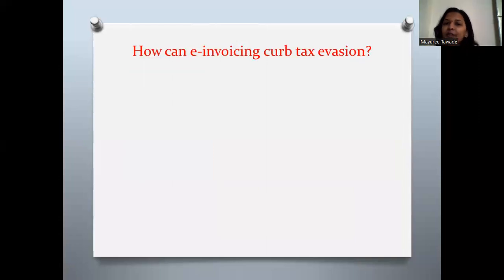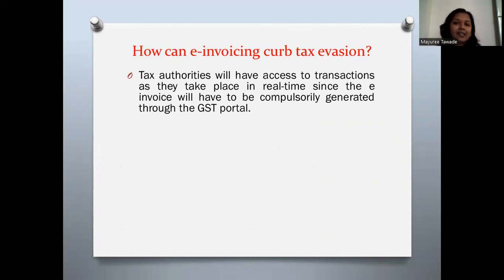So, how can e-invoicing curb tax evasion? How is it useful against tax evasion? Tax authorities will have access to transactions as they take place in real time, since e-invoices will have to be compulsorily generated through the GST portal only.